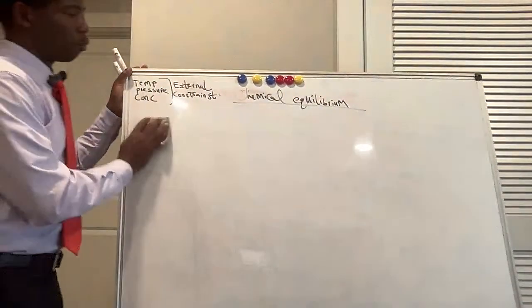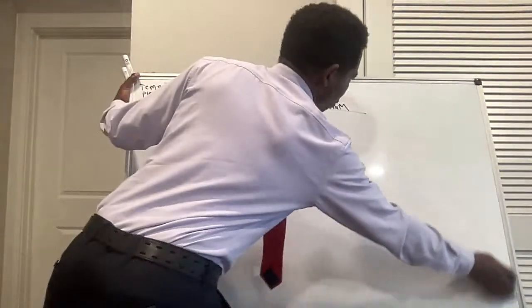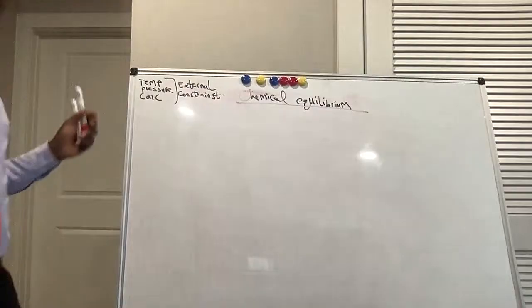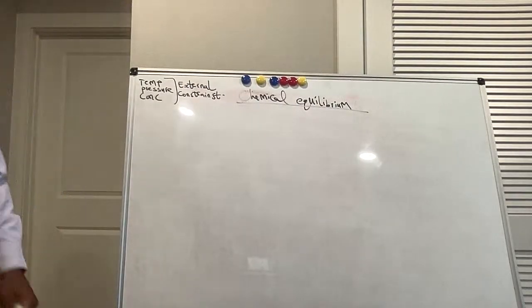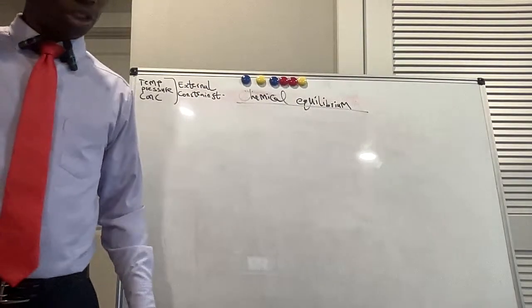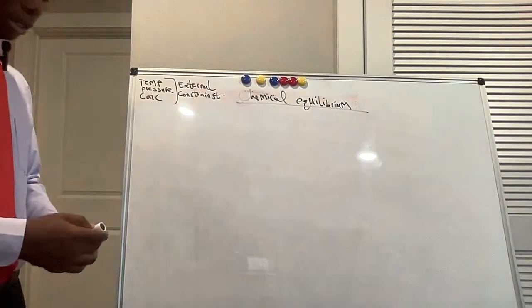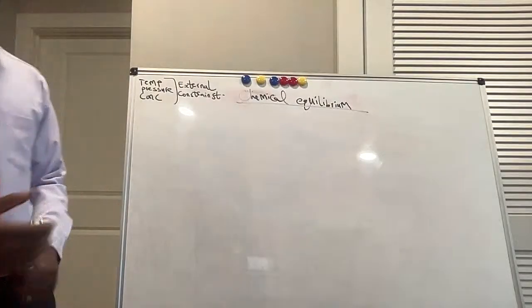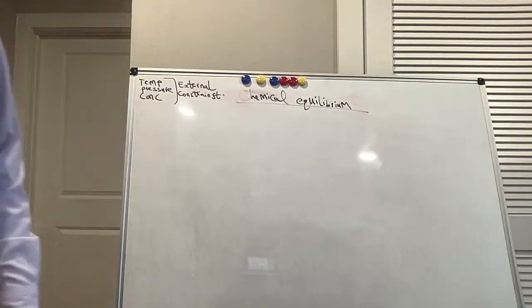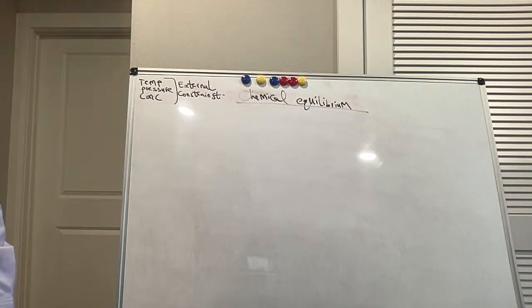So far we have looked at three things that affect the system at equilibrium: change in temperature, change in pressure, and change in concentration. Those are the external constraints.